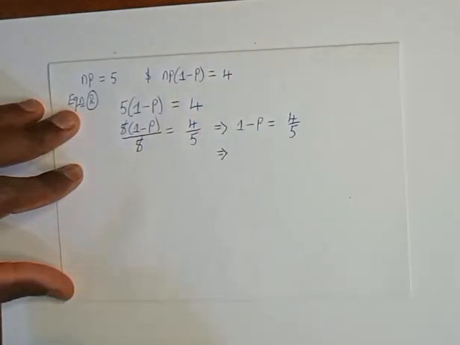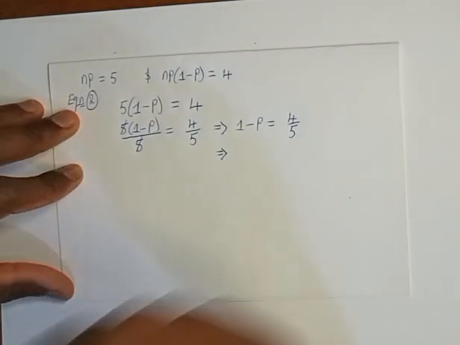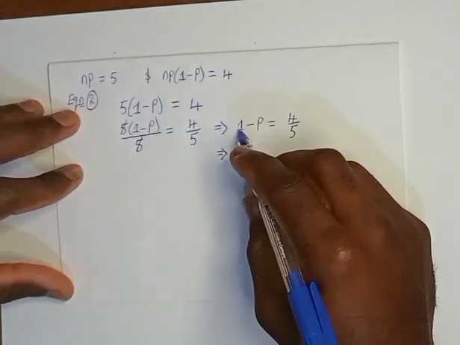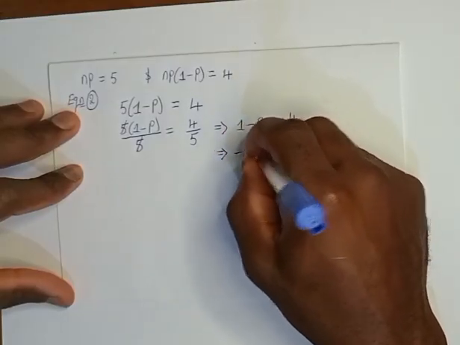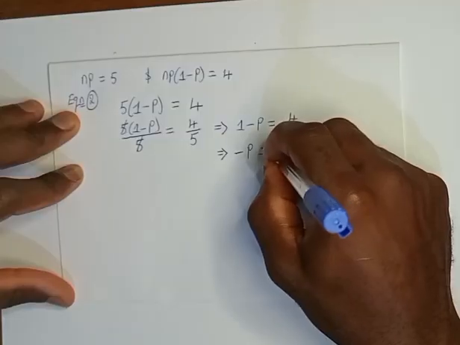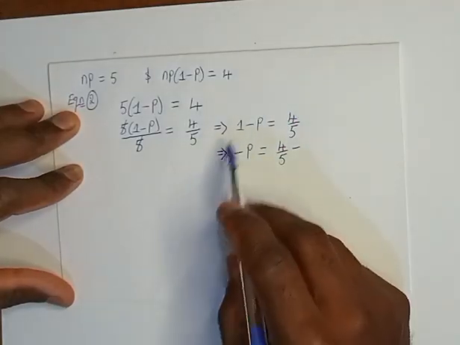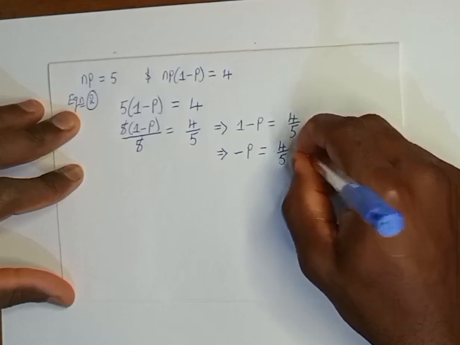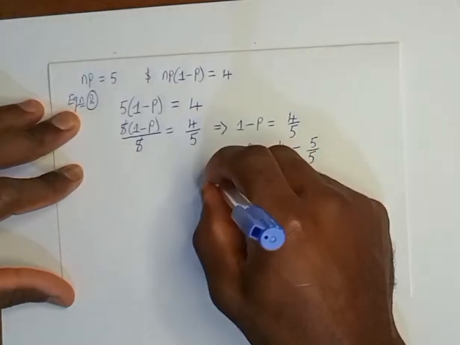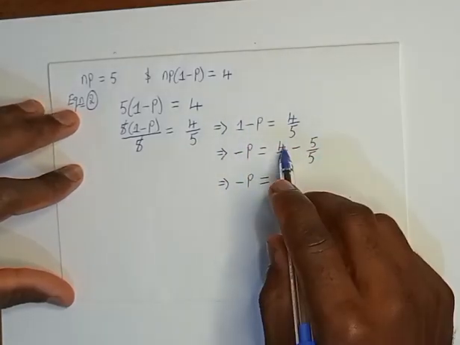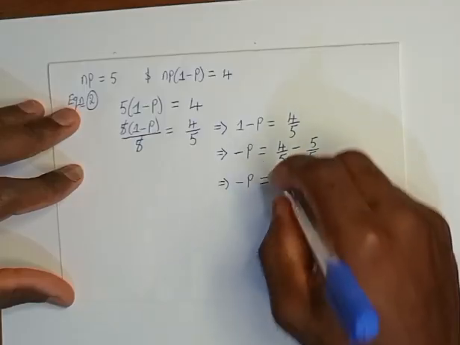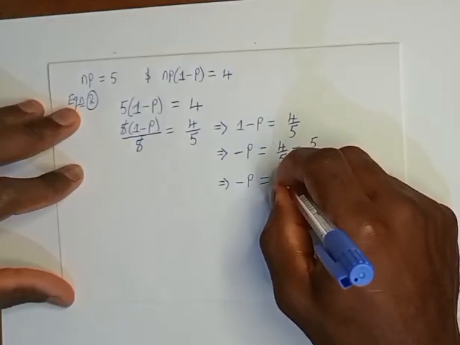Then we are looking for p. We are going to transfer 1 to the right hand side, which becomes negative. This will give us negative p equal to 4 over 5 minus 1, which can be expressed as 5 over 5. Then negative p will be equal to 4 minus 5, which gives us negative 1 over 5.